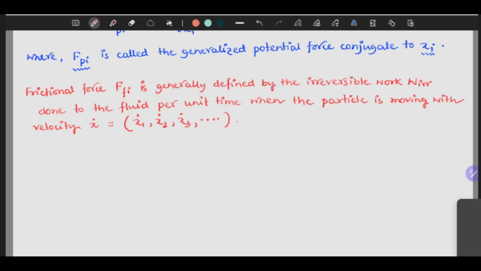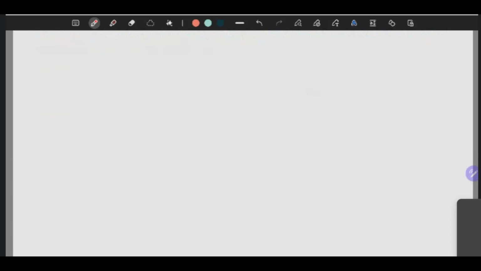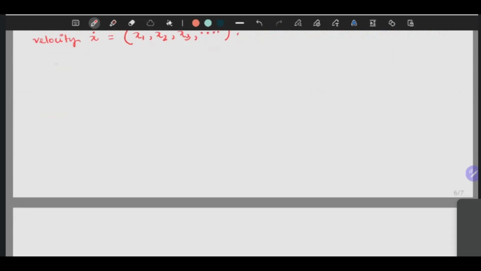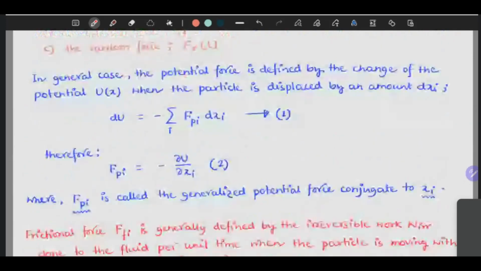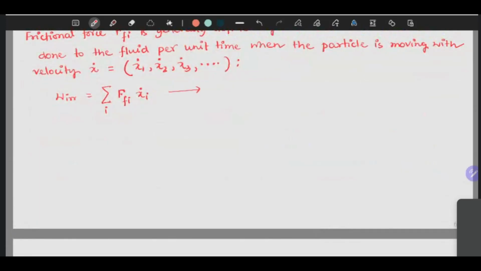Okay, so basically this thing. So now if that is the case, then W irreversible is equal to sum over i of Ffi xi dot. So this is called equation number 3.